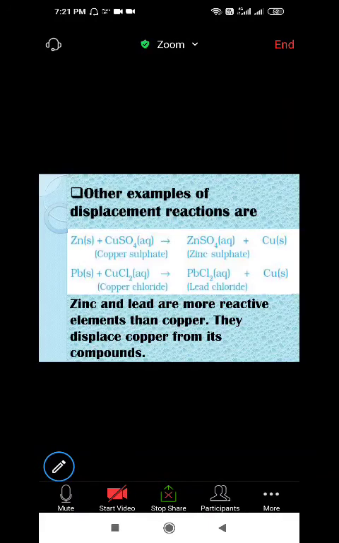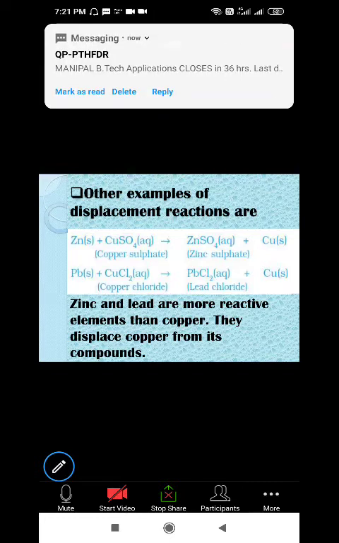There are some more examples of single displacement reactions. You can see the first reaction: zinc plus copper sulfate gives ZnSO4, that is zinc sulfate, plus copper. If you remember, I told you that this displacement reaction takes place based on the principle of the reactivity series of metals.